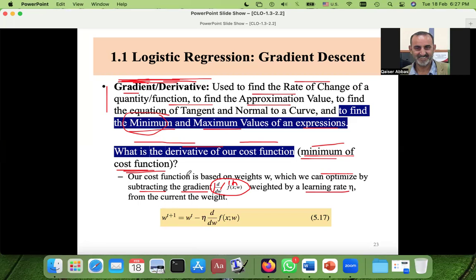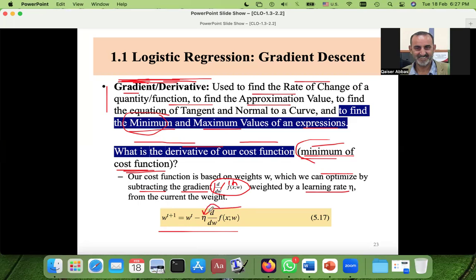So this is what you have to do to minimize that cost function. What does it mean? How will I get the optimized value for my weight? I have some weight, you will have some weight. You will take the derivative of that weight and multiply it with eta.